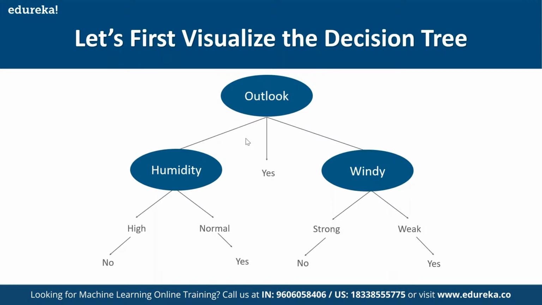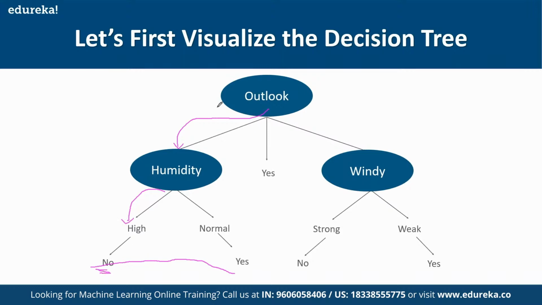So imagine that there is a data set where I want to find out whether I will play the match or not. Okay, there is a cricket match or a football match or whatever it is. Now how does the decision tree look? If the outlook is humid and humidity is very high, then I will not play the match.